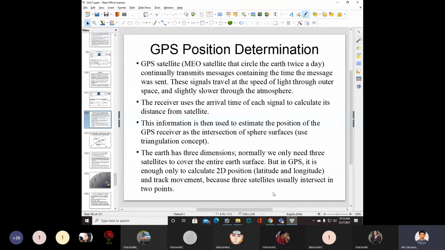These are medium Earth orbit satellites that circle the Earth twice a day.